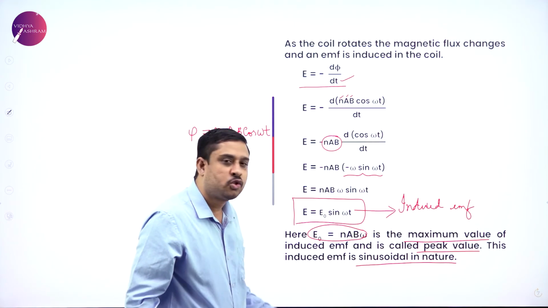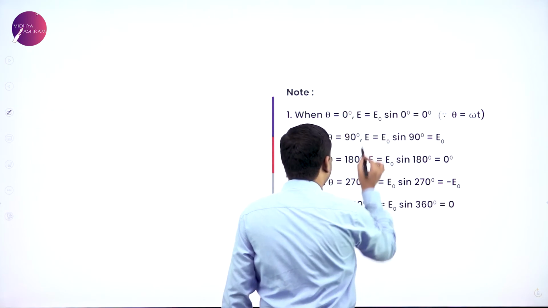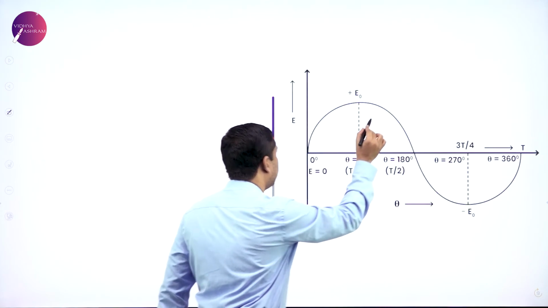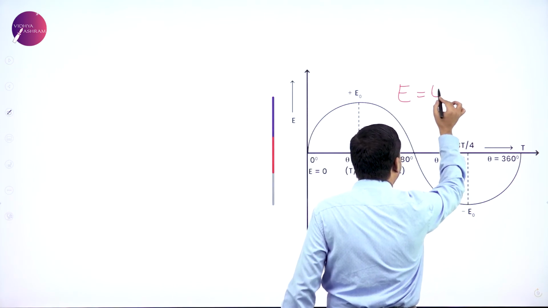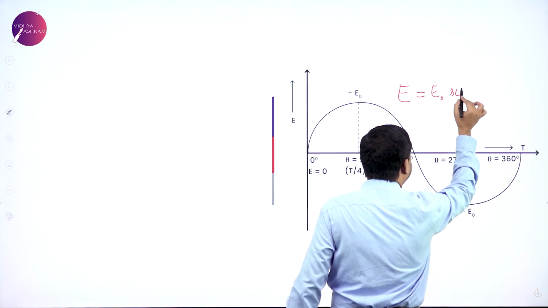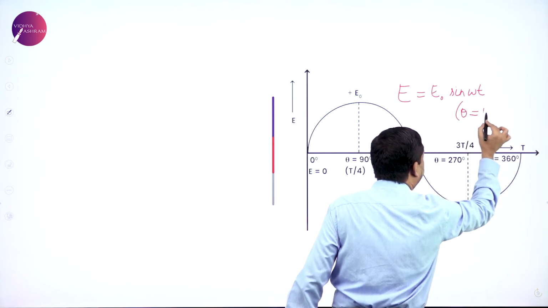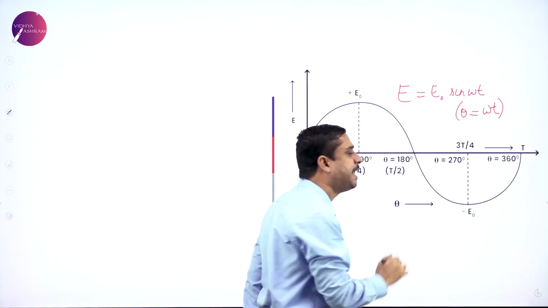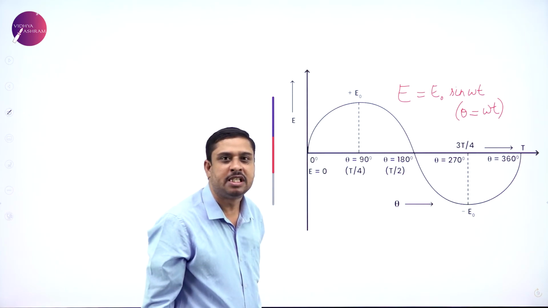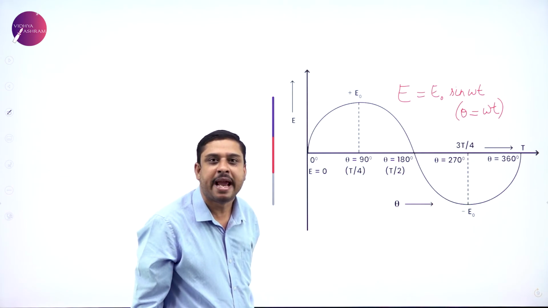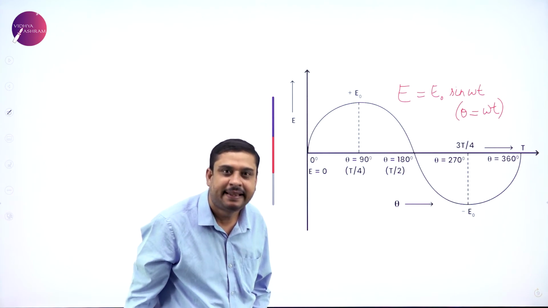Now, how do I prove that? So I'll have to mark a graph. To construct the graph, I use the expression E equals E naught sin omega t, where omega t is nothing but equal to theta.